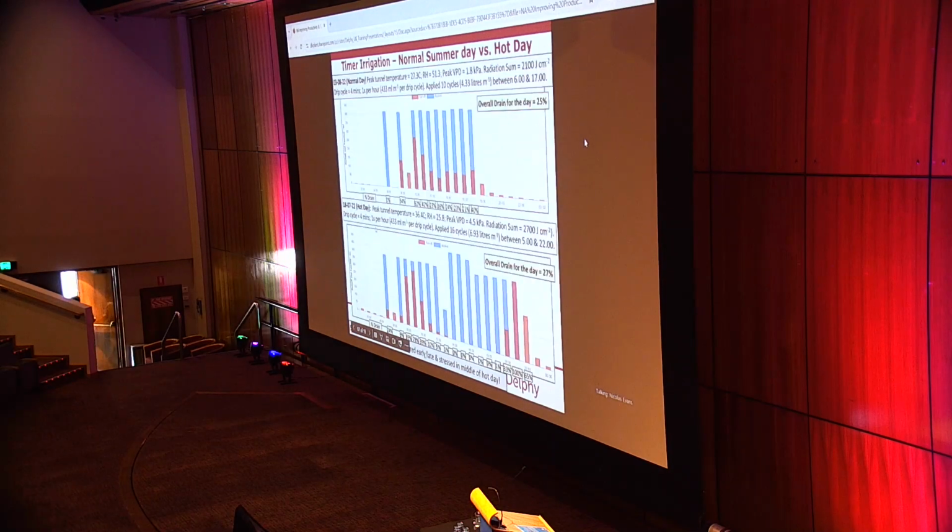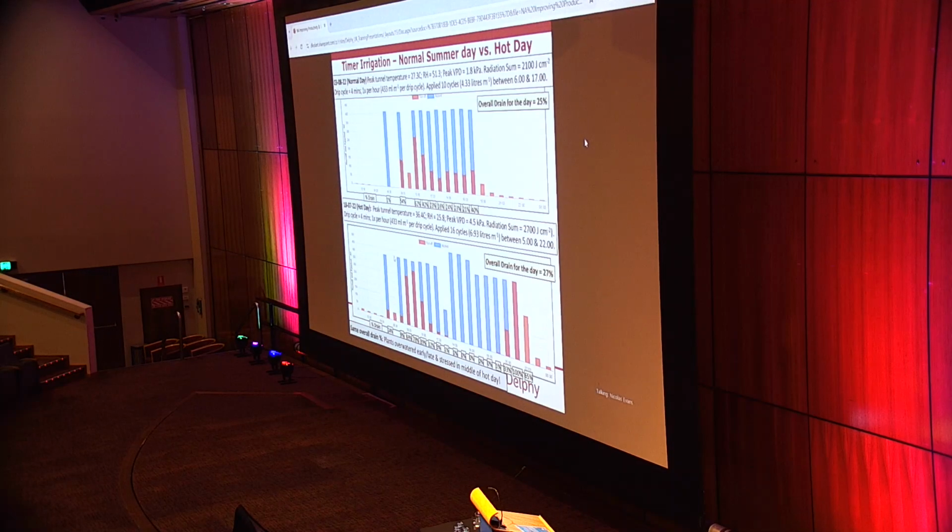Here's an example of timer-based irrigation, 2 different days. One day, the normal summer's day: 27 degrees, 51% relative humidity, VPD 1.8 and 2,100 joules, so a bright day. In this situation, cycles are 4 minutes, and there's 1 per hour.